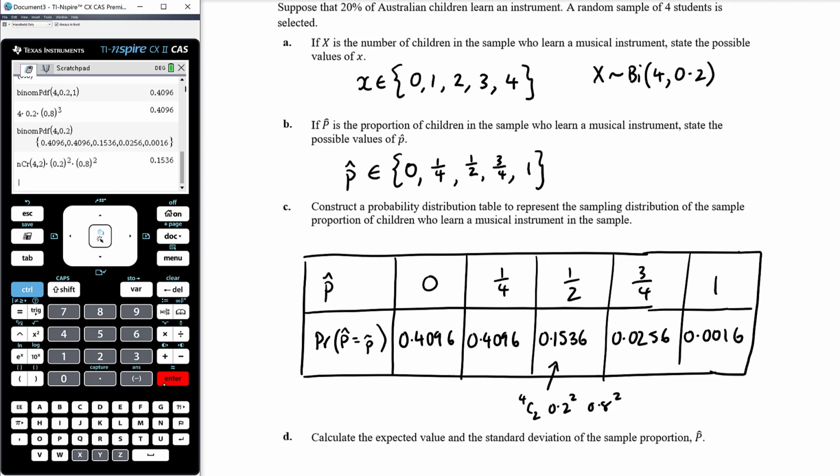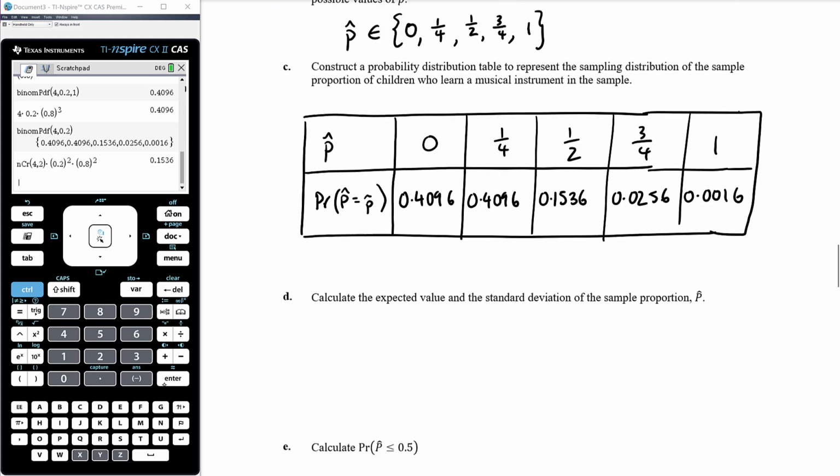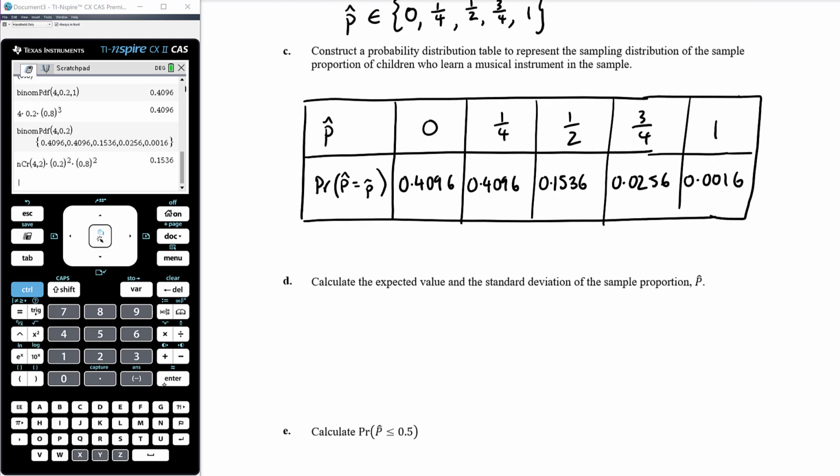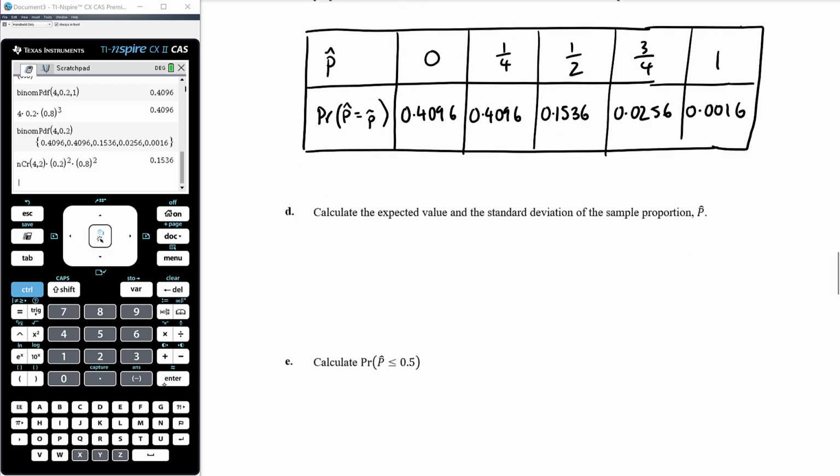However, if they're rounded decimals, you might prefer to use that binomial rule. So construct a probability distribution table to represent the sampling distribution of the sample proportion of children who learn a musical instrument in the sample. I know that's a very convoluted sentence, but that is how it will be phrased. And so there is our probability distribution for the sample proportion.